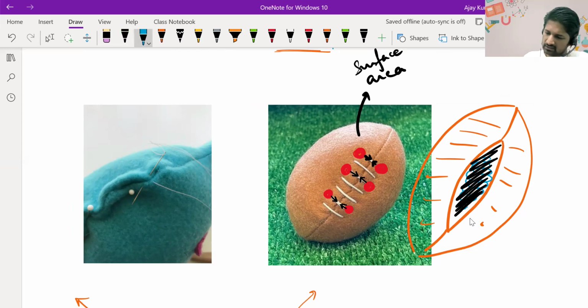Now, if you consider the set of molecules here and the set of molecules here, force exerted by each molecule depends on tension in the string. That's fine. What about force exerted by all molecules on one side, on all molecules on the other side? What else will it depend on?